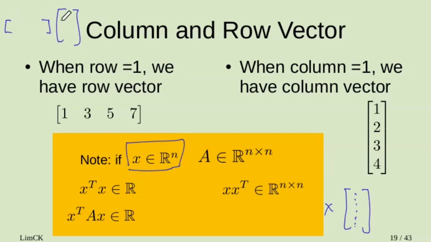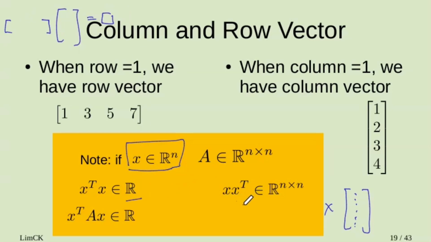A row vector and a column vector. It is 1 times n dimension, and then you have n rows, 1 column here. The result will always be a 1 times 1, so we get a real number.